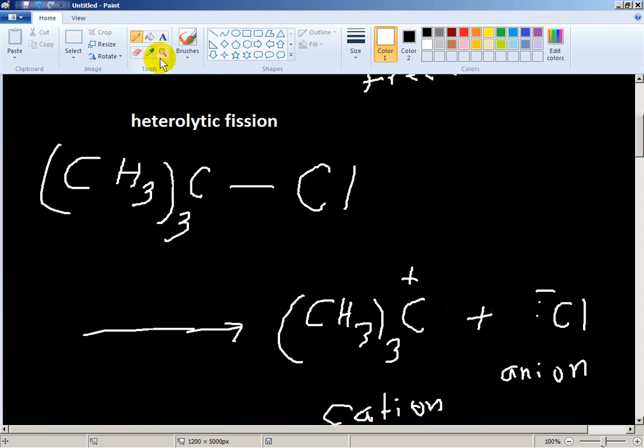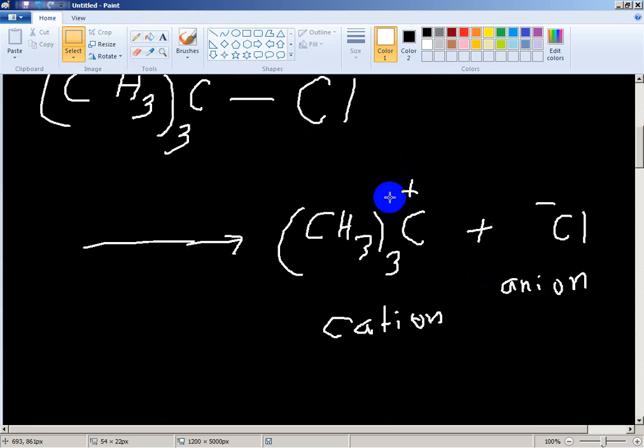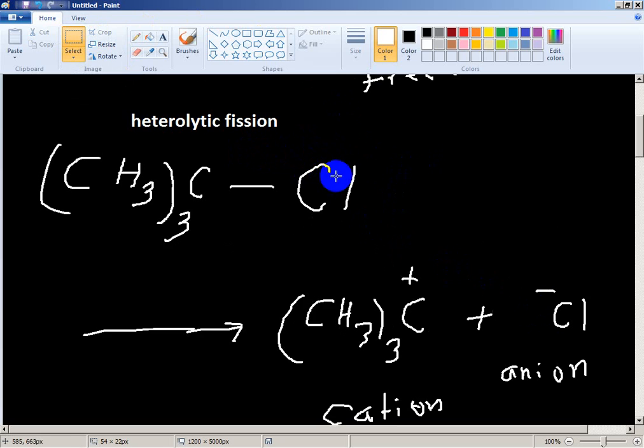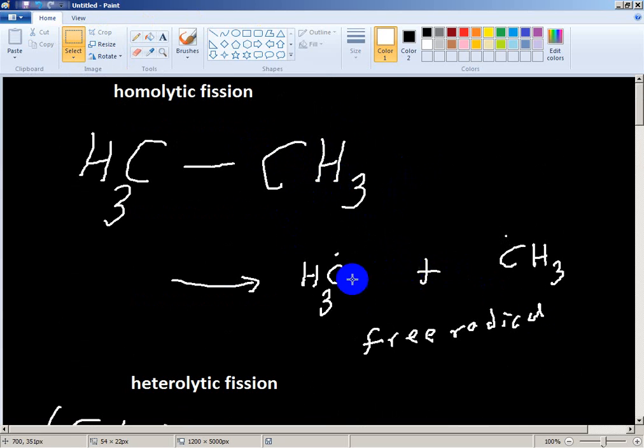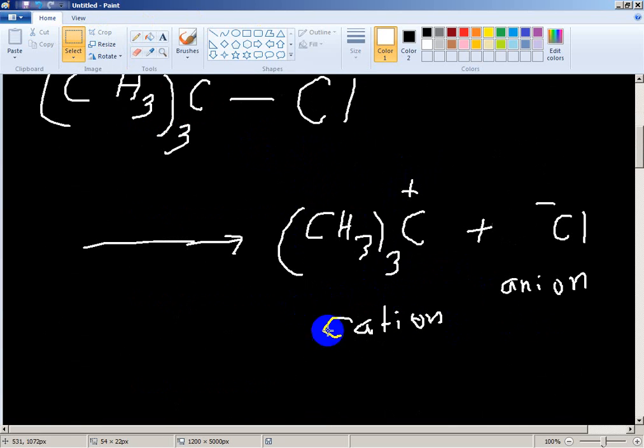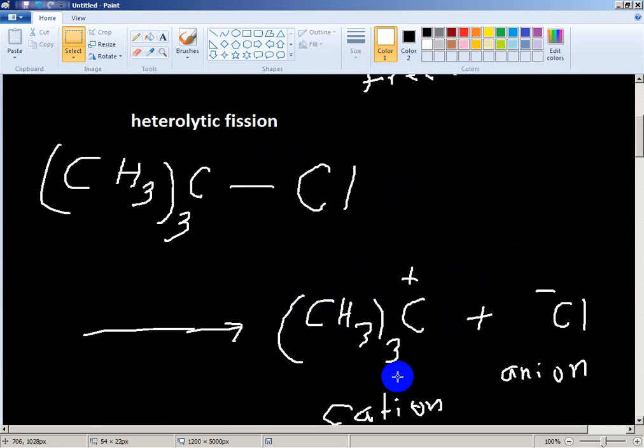The other atom loses one electron and becomes positive, while chlorine gains one electron, having two electrons, and becomes negative. So it becomes a cation and an anion. Homolytic fission forms free radicals; heterolytic fission forms a cation and an anion.